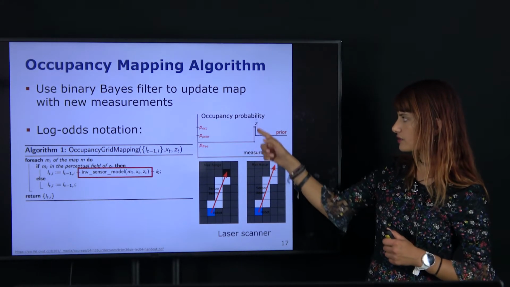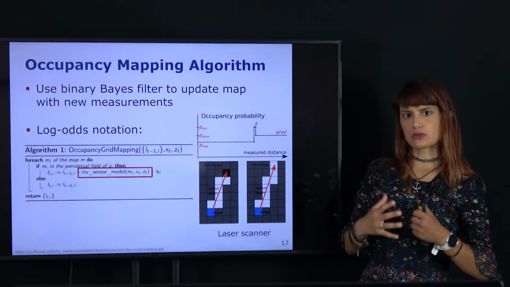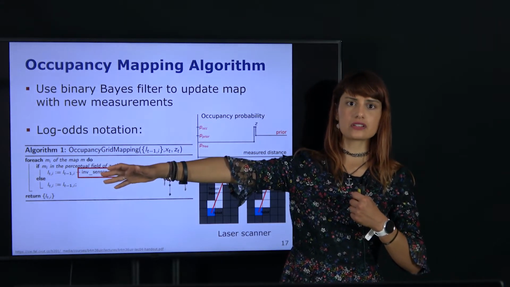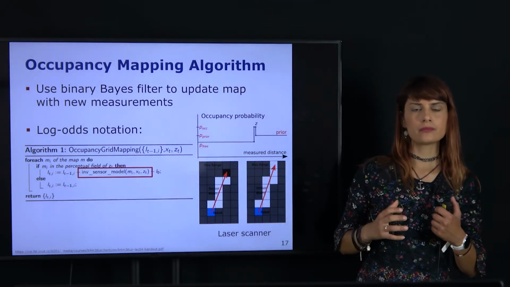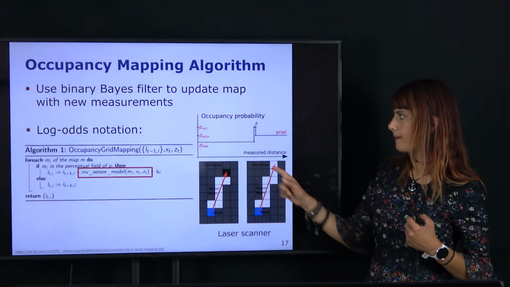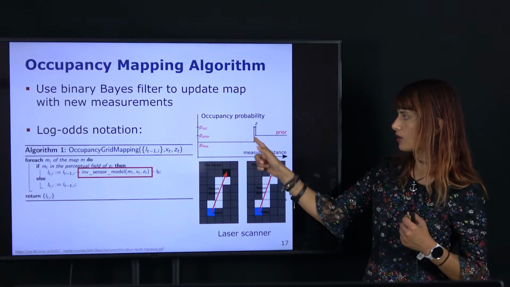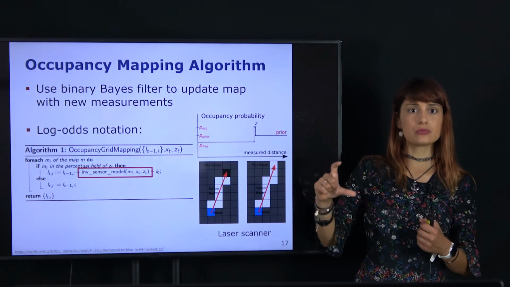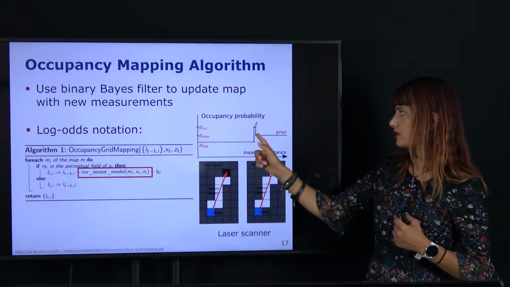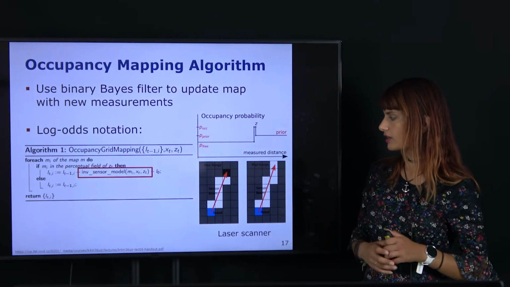Assuming we registered an obstacle at Z here, all the cells between the robot's current position and the hit, so Z, would be considered as having a high probability of being free. This is the information that we have acquired by shooting that beam. Then on the surface, we have a very high peak of occupancy probability because there's likely to be a surface there. That's what our sensor tells us by registering a hit. And the remainder beyond the obstacle is often considered based on a prior value.